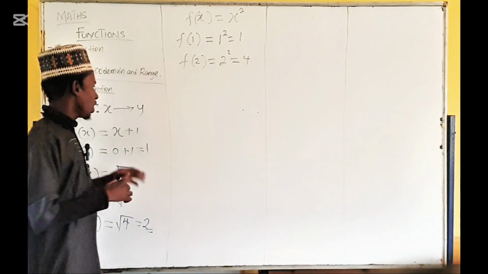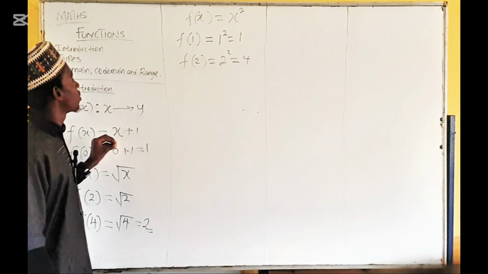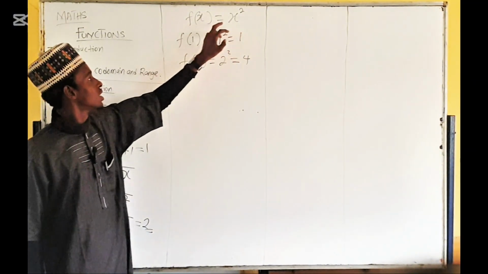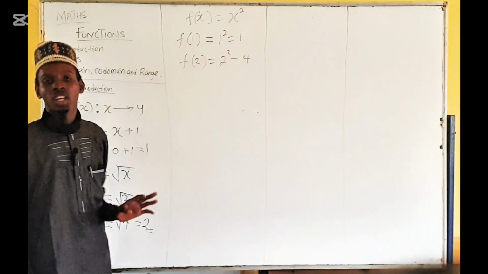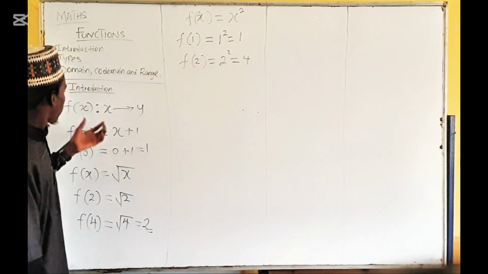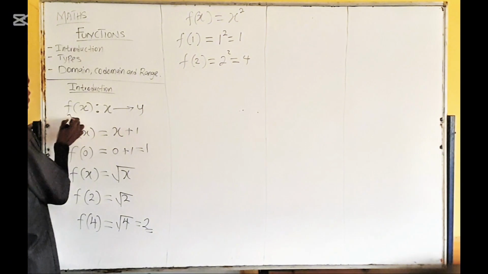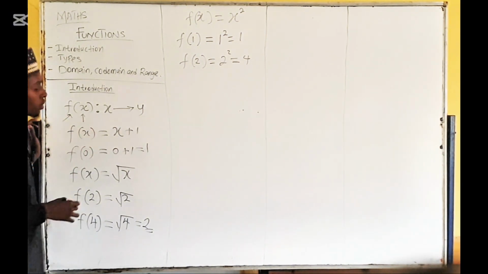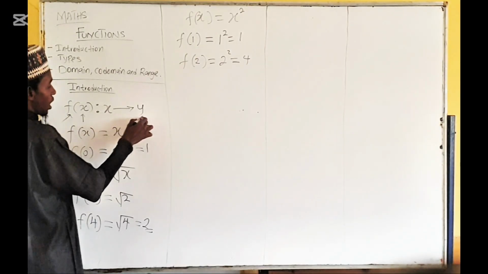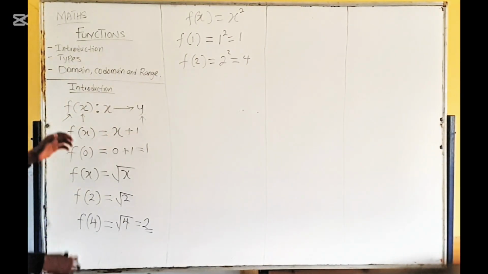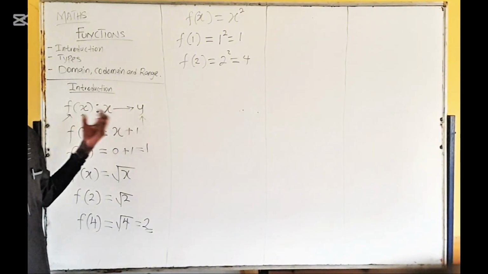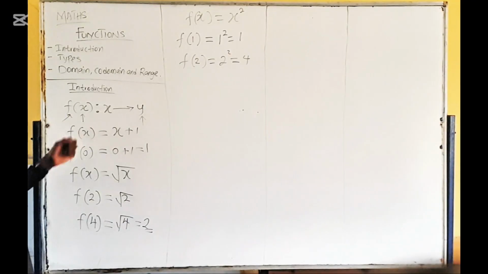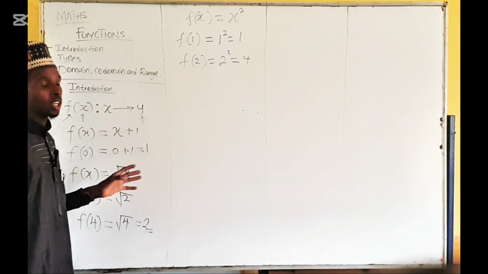As you can see, generally, function is nothing but a set of relationship or rule which relates the what? The input and the output. That is the function. So now, here, as I said, this one is the function name, f of x, while this one is the input of the function. This one is the output of the function. We can explain this in terms of what we call domain and range, which we are coming to. So okay, this is about the function.